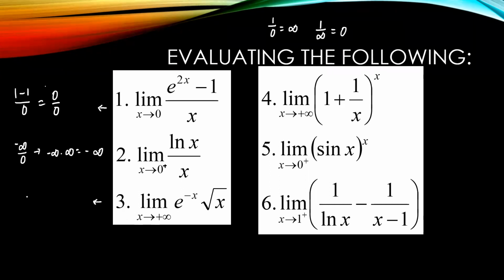So what we can do here first is make it like this. Positive infinity. So this one becomes infinity over e raised to infinity, which is also infinity. So this one becomes an indeterminate form. And I'll just ask you to try solving the rest.